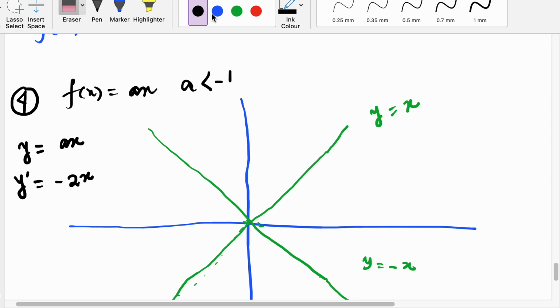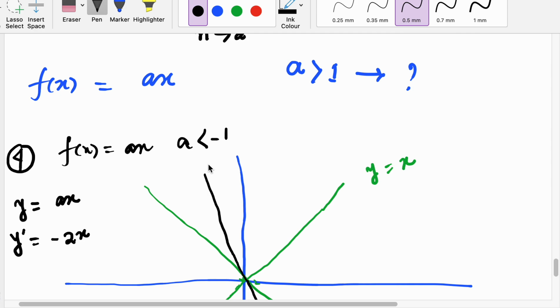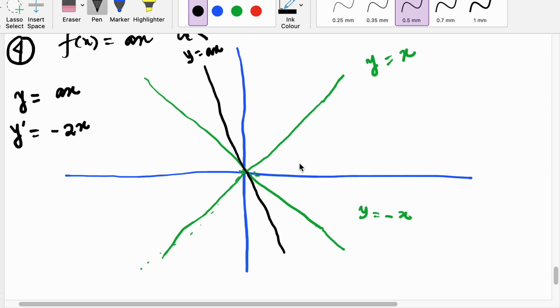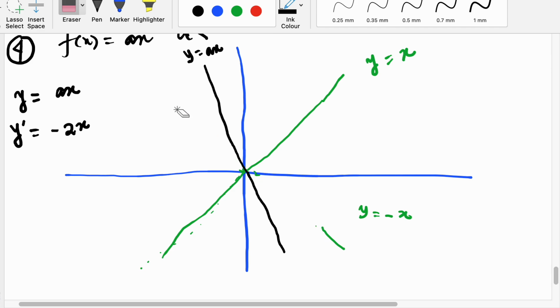If a is less than minus 1, my curve will be somewhere here. This is my y equal to ax, where a is less than minus 1. Let me now remove this line and draw it up to here.